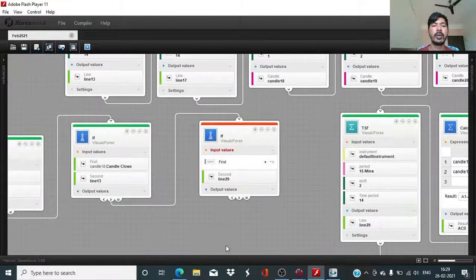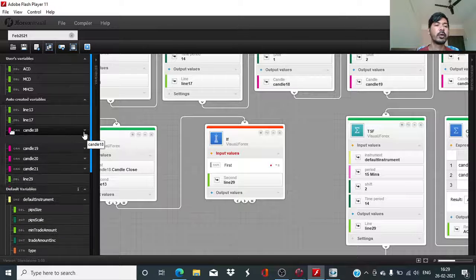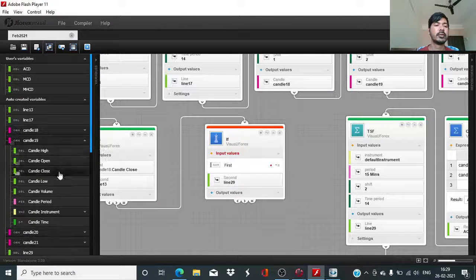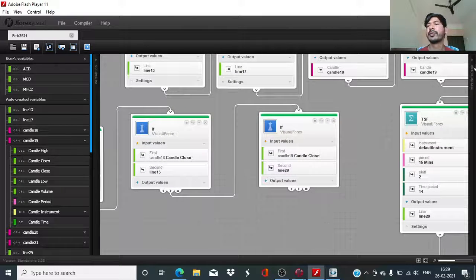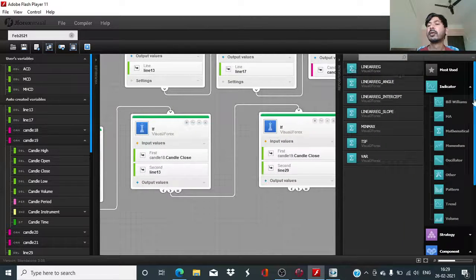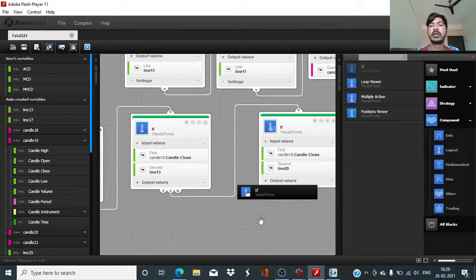Line 29 will be our second input and candle 19's close will be the first input. Logical block.